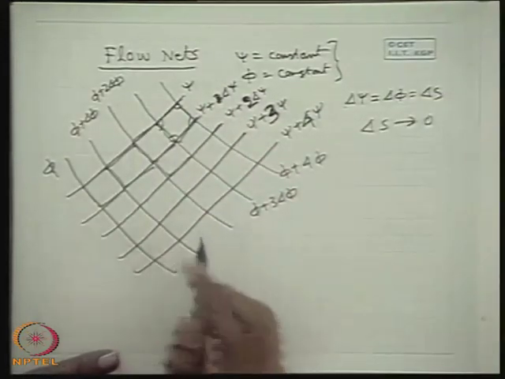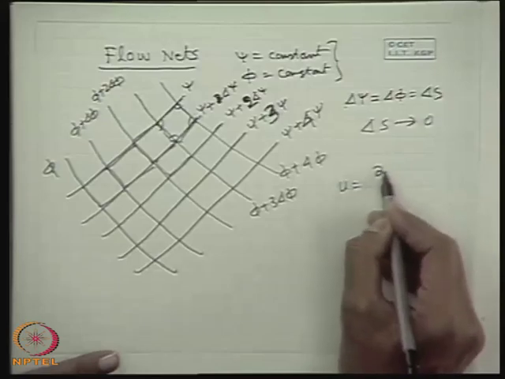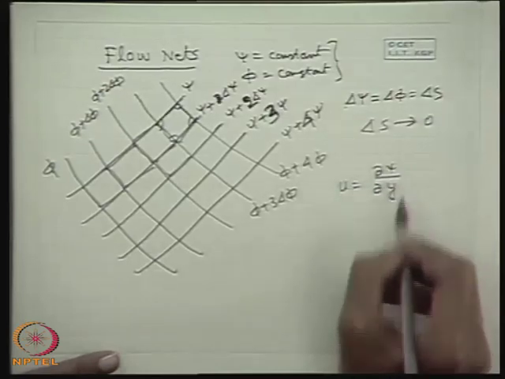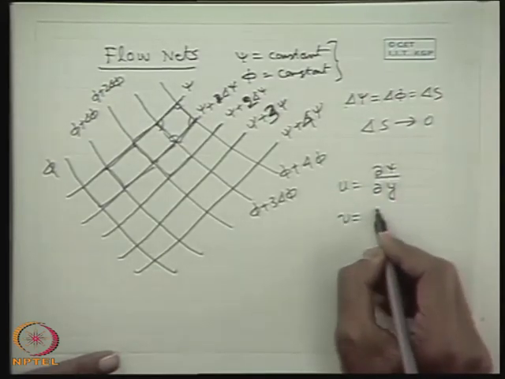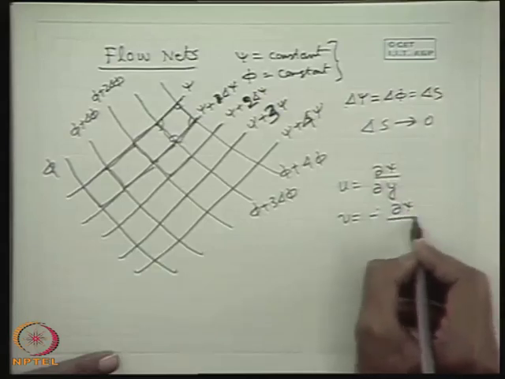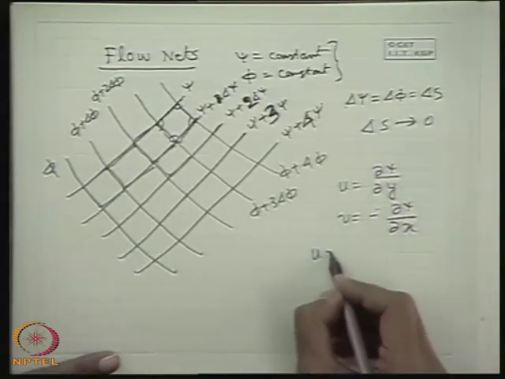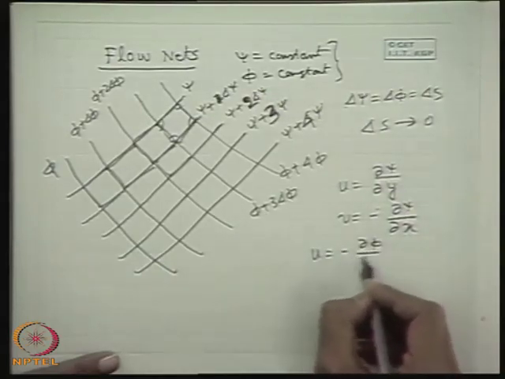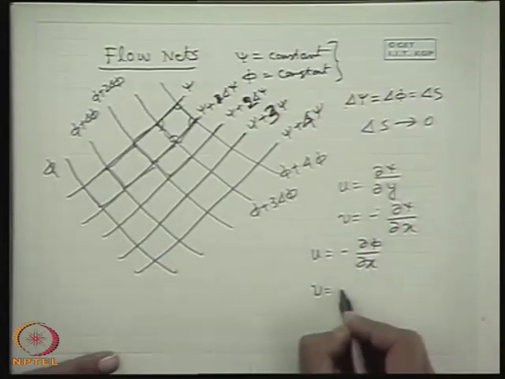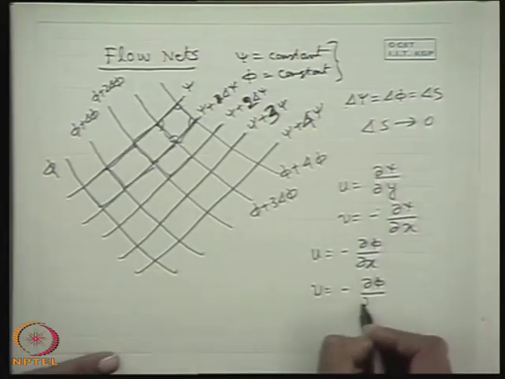Now for example, you know that u is equal to del psi del y, v is equal to minus del psi del x. Similarly, u is equal to minus del phi del x, v is equal to minus del phi del y.